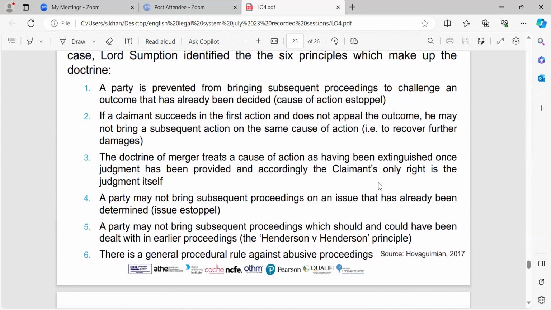Thirdly, the doctrine of merger treats a cause of action as having been extinguished once judgment has been provided, and accordingly, the claimant's only right is the judgment itself.